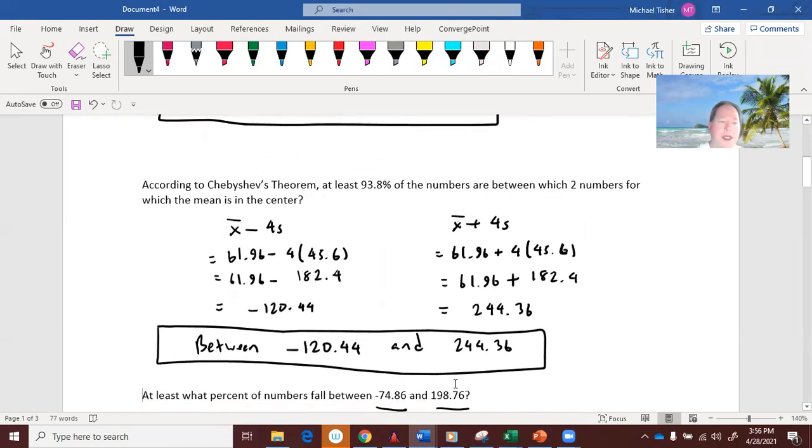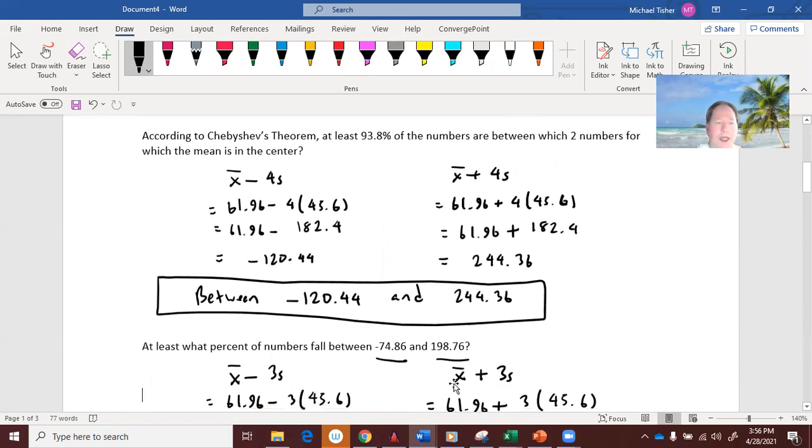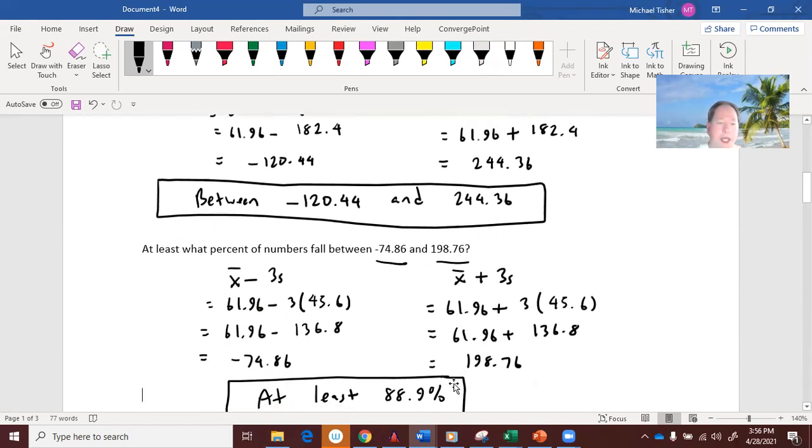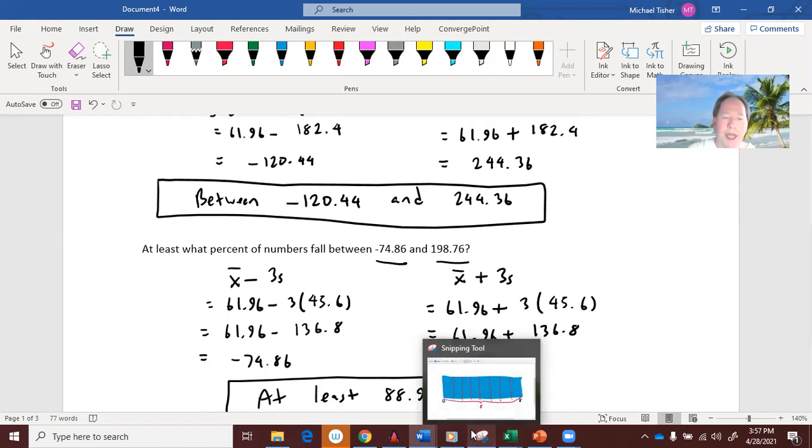We'll come back to the at least 93.8% case in a minute. So right now, let's go to the case of at least 88.9%. So here, according to Chebyshev's theorem, at least 88.9% of all the numbers fall between negative 74.86 and 198.76. So let's see how many numbers in the data of states are like that.